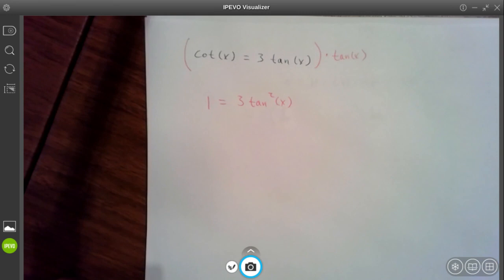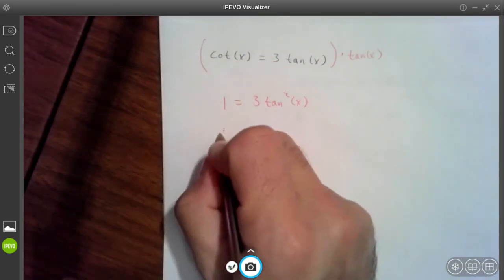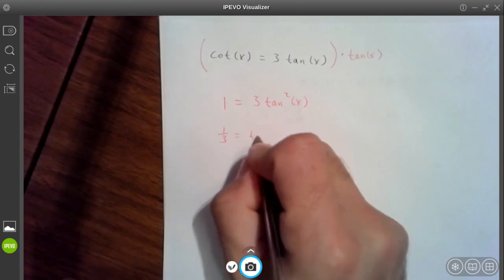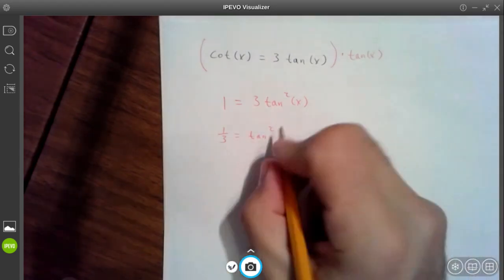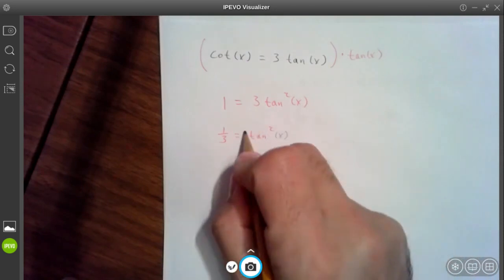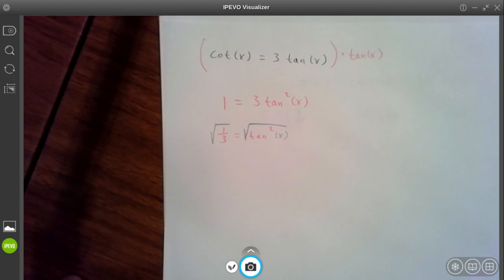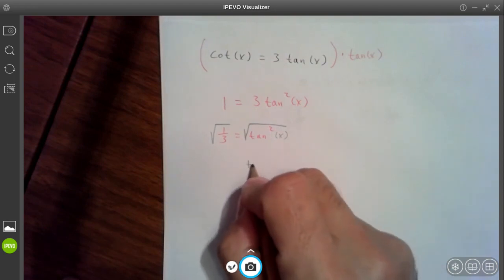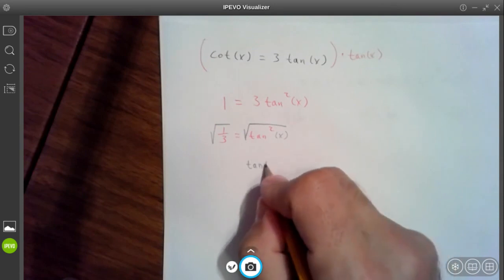Let's go ahead and solve this thing. I'm going to move my 3 over. I get 1/3 is equal to tan squared. I can take the square root of both sides, and that's going to isolate my trig expression.